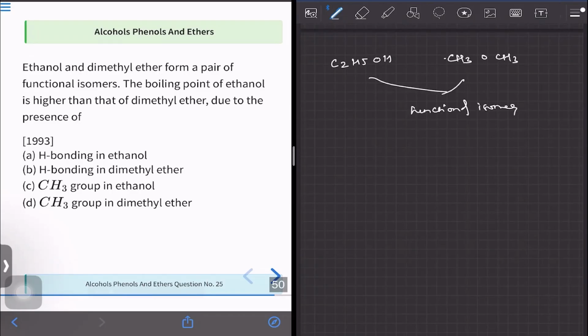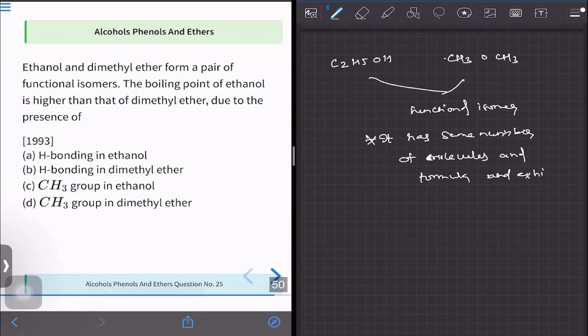Functional isomers have the same molecular formula and exhibit different physical and chemical properties.